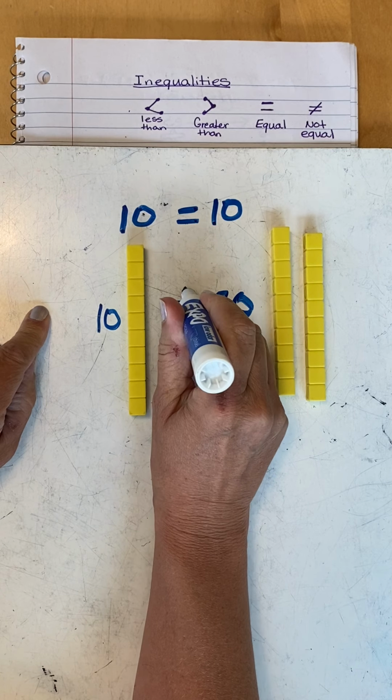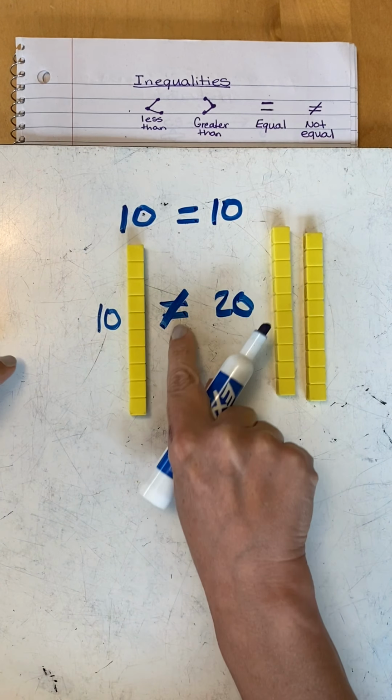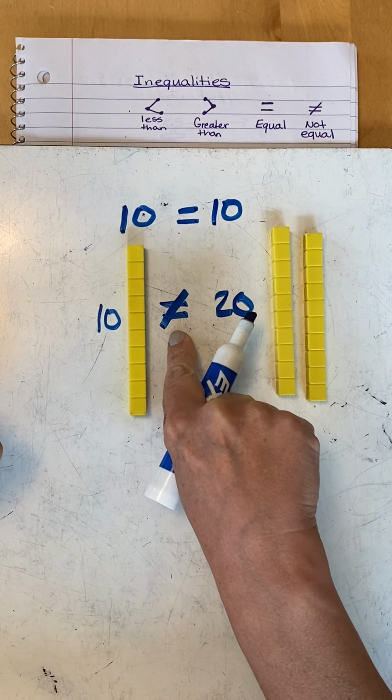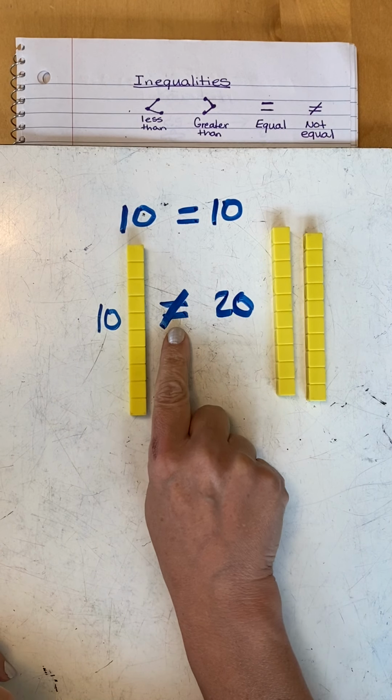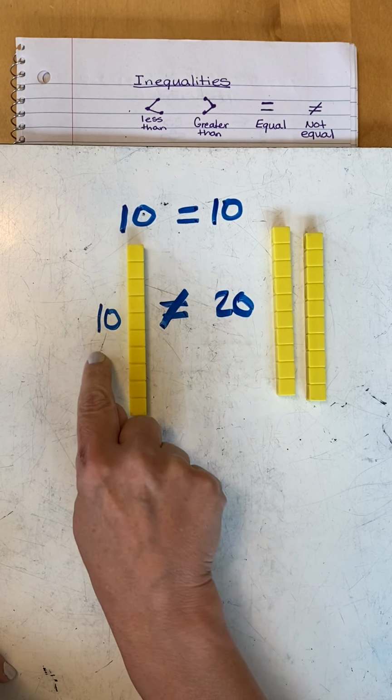We know that these are not equal. So we put a line through our equal sign, just like you've seen where if it's not an exit, they will draw a line through a circle showing you it's not an exit. So this is the beginning of saying inequalities. They're not equal.